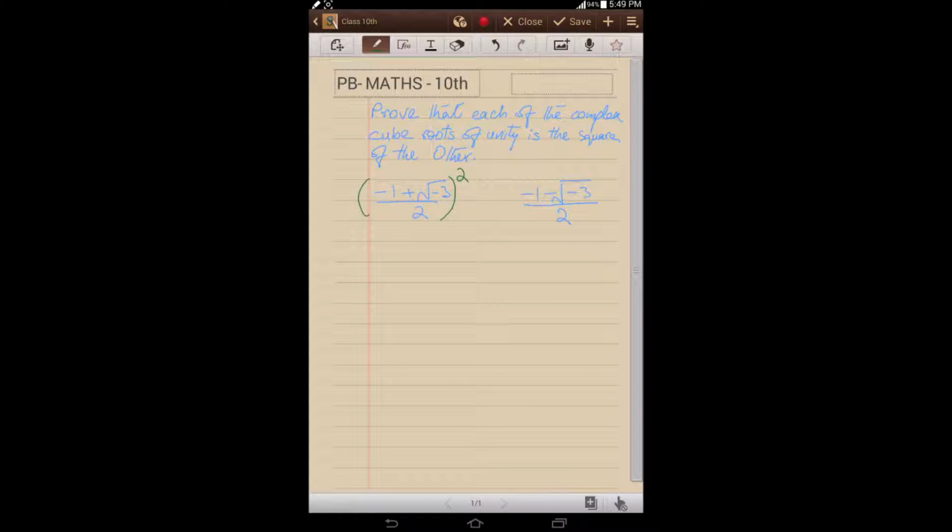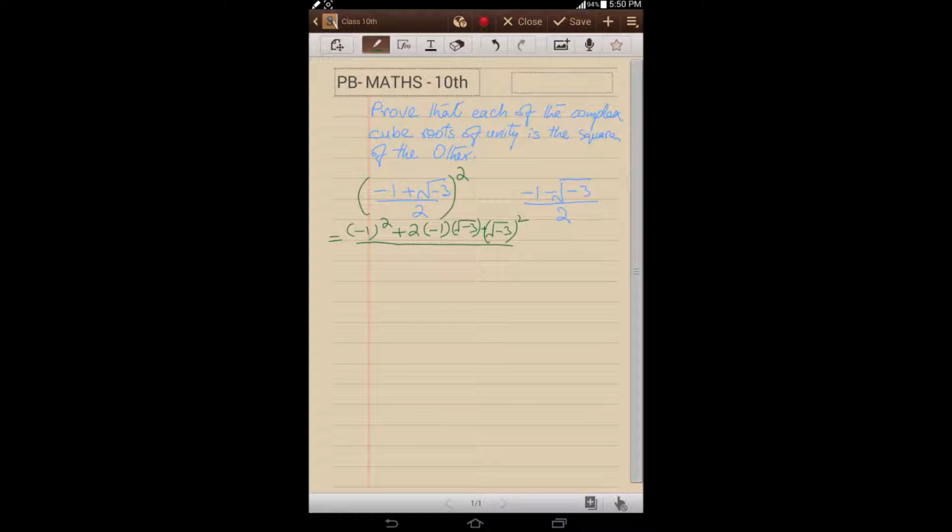So the square is now equal to (-1) squared plus 2 into -1 into √-3, plus √-3 squared, all divided by 2 squared. So we can write it like this.